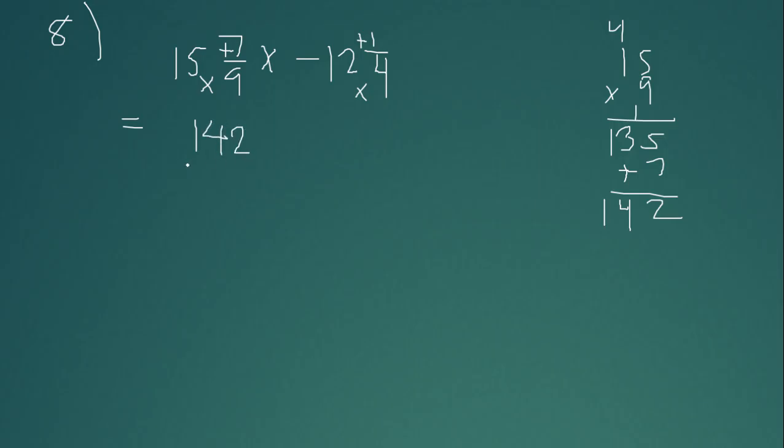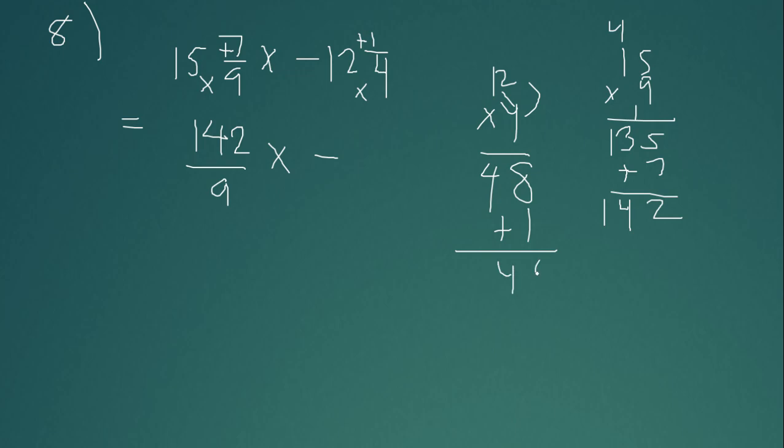142 over 9 times negative 12 times 4 is 48 plus 1, 49. Negative, copy nyo lang to. So that is negative 49 over 4.